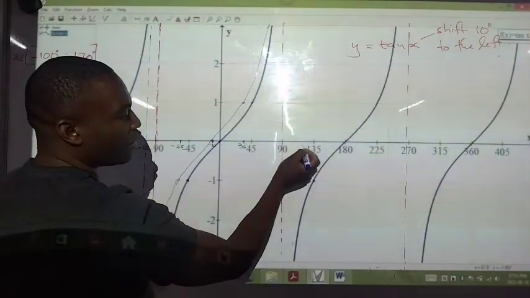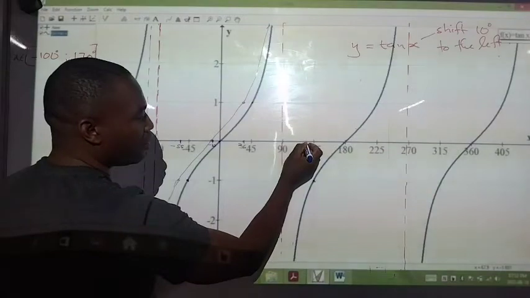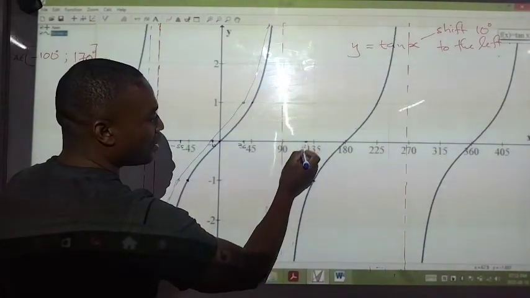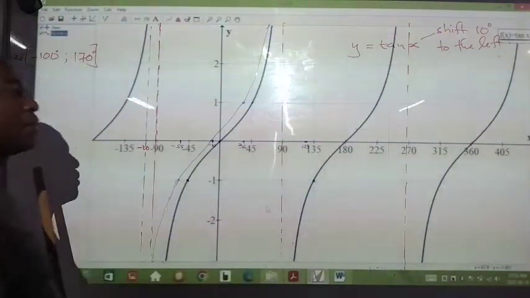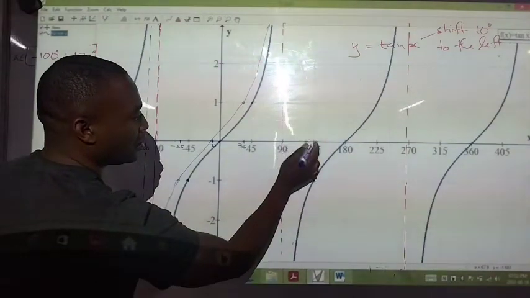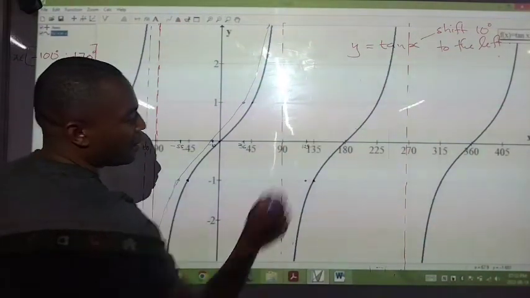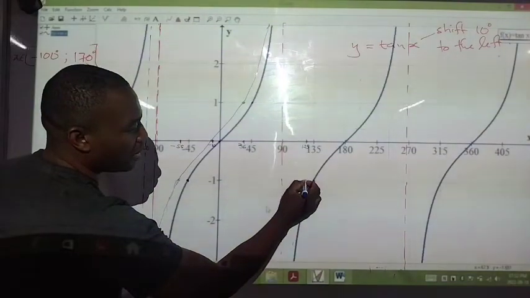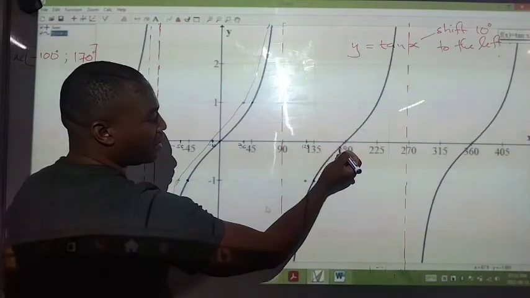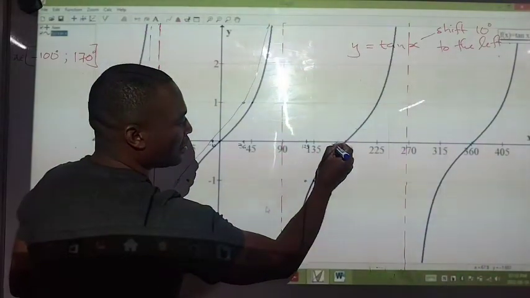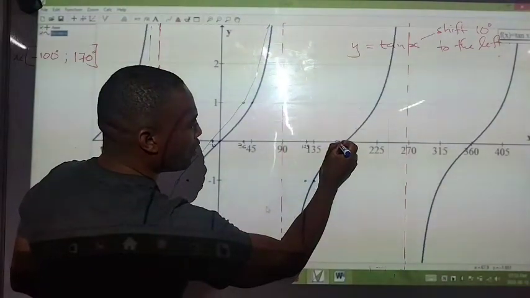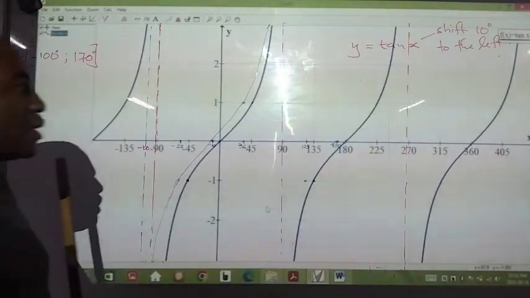That will be 135 minus 10 degrees, which is 125. So the point now will have the x coordinate as 125. And then the new point will be here. And then 180 minus 10 degrees, that will be 170. So the graph will now be crossing the x-axis at 170.